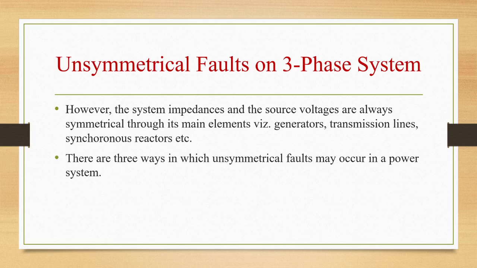So what is the meaning of symmetrical here? No piece of equipment ever has a red phase impedance which differs from a yellow phase impedance. So the system impedances and the source voltages are always symmetrical through its main elements, namely generators, transmission lines, synchronous reactors, etc. There are three ways in which unsymmetrical faults may occur in a power system.